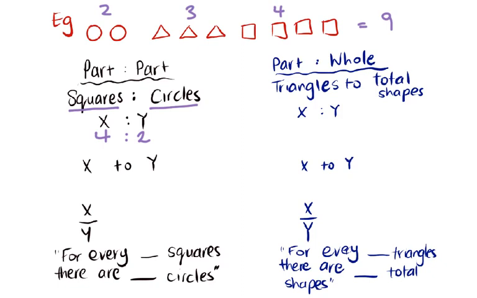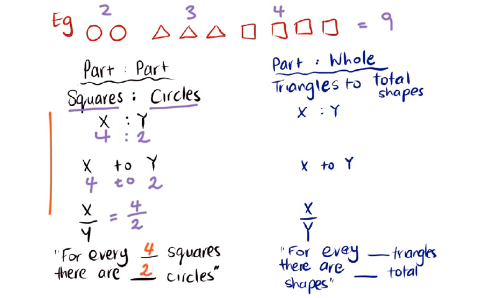The other way is to write it as 4, the word "to", and the number 2, to describe that there are 4 squares to 2 circles. And the last way is to write it as 4 over 2. And all of these ways are basically to describe that for every 4 squares there are 2 circles.